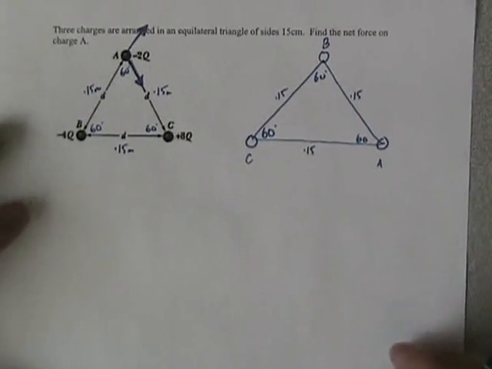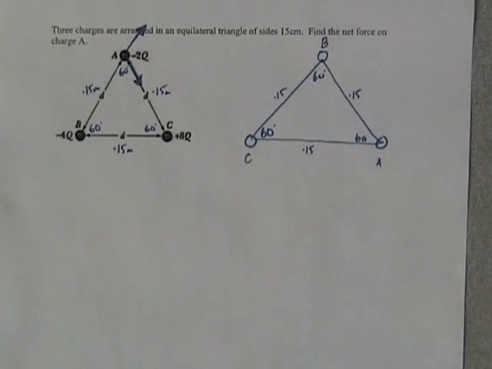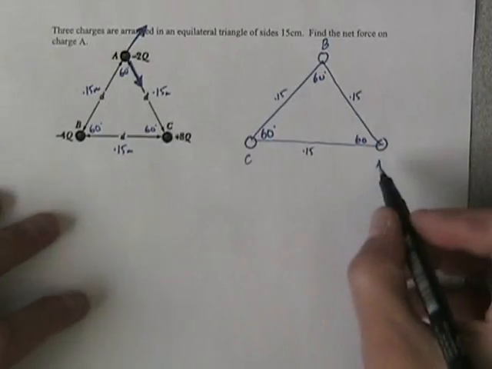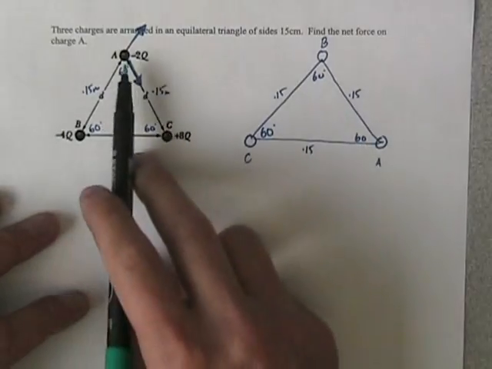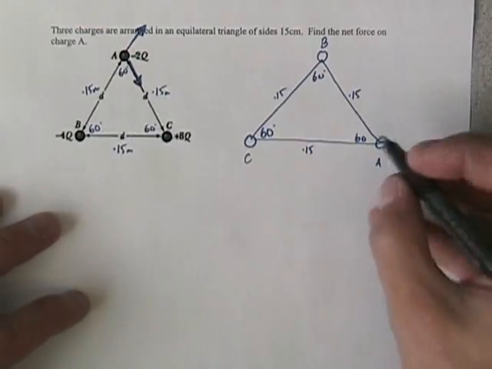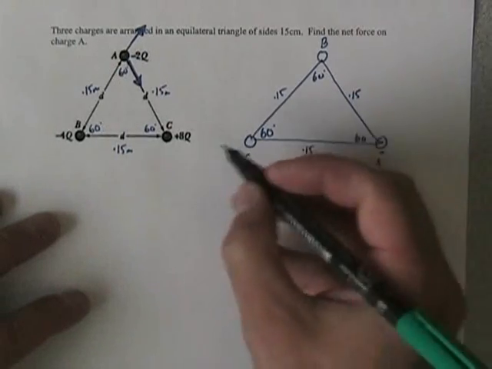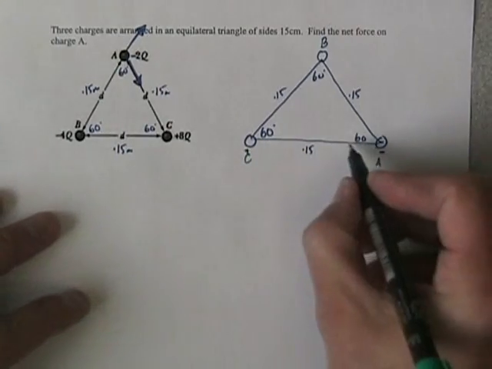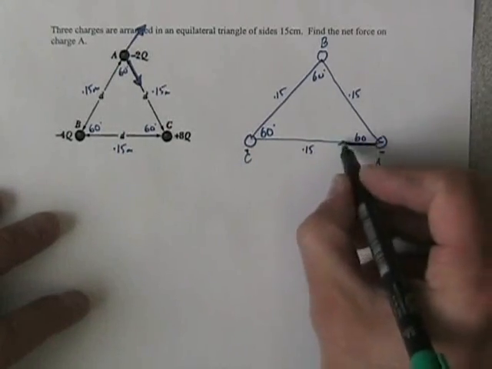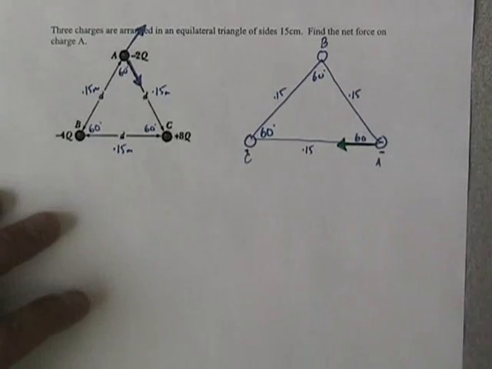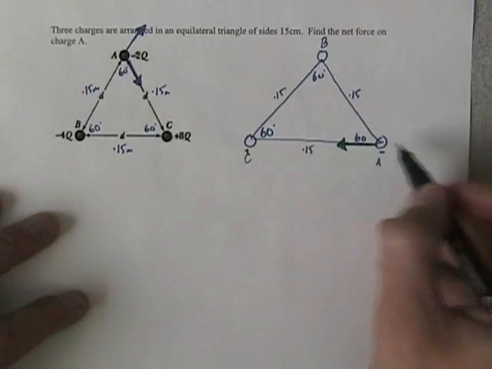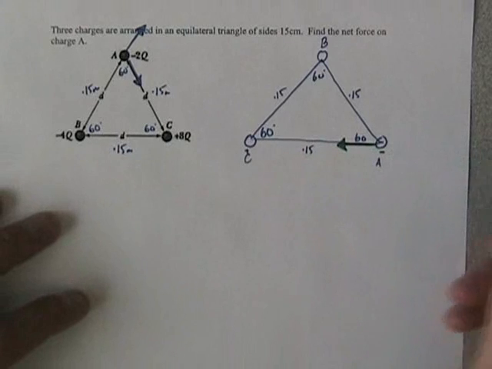Now you can see that when I do this, again, I'll do it with some colors. A and C. Let's look at what A and C were. A is negative. C is positive. A positive and a negative, you're going to get attraction like that. And that's along the x-axis. So now already I've gotten rid of one component.